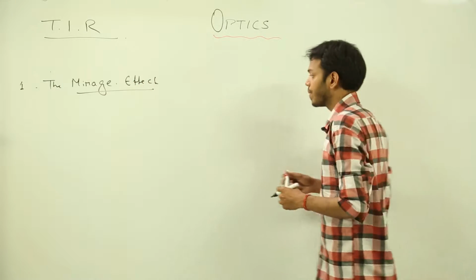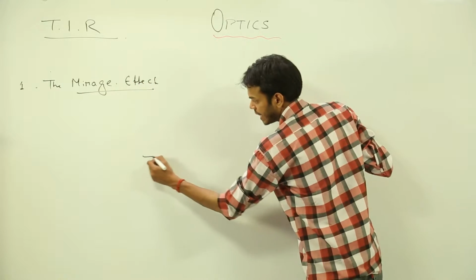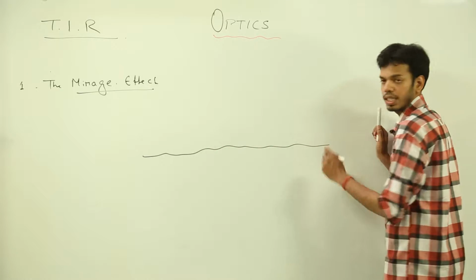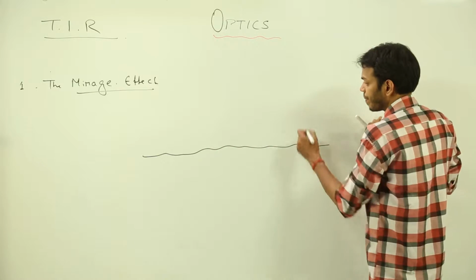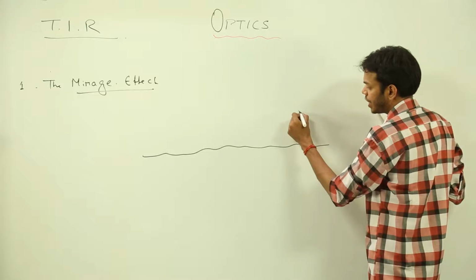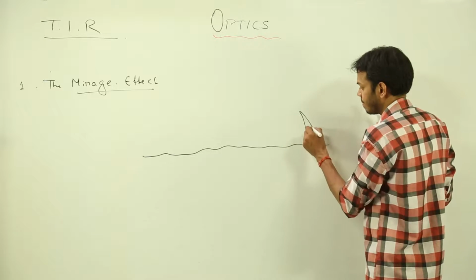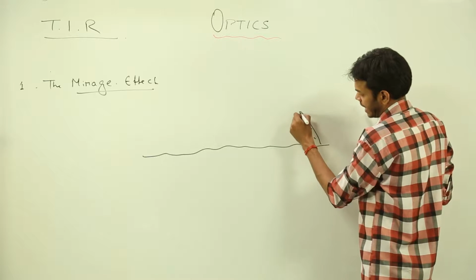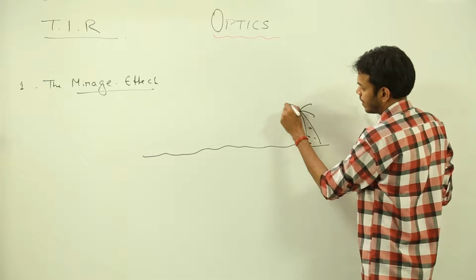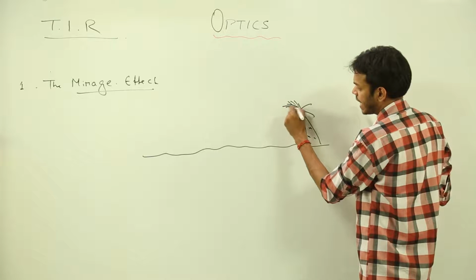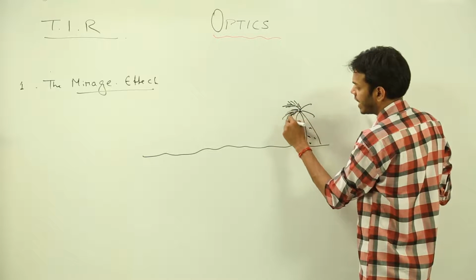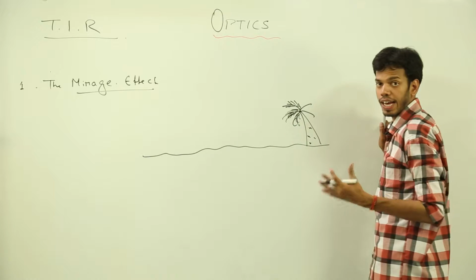See, I'll explain it to you. Suppose this is a land of desert, and here I have a tree. Which tree? Palm tree or date tree? So this tree is standing at a region where the temperature is really very high.